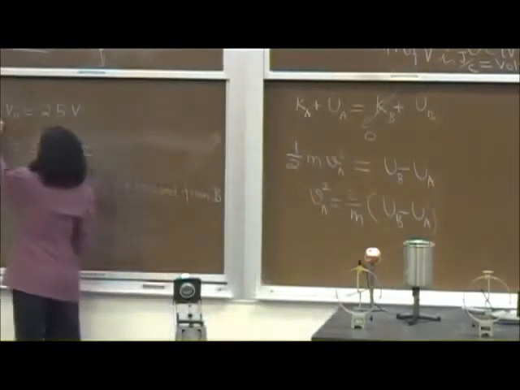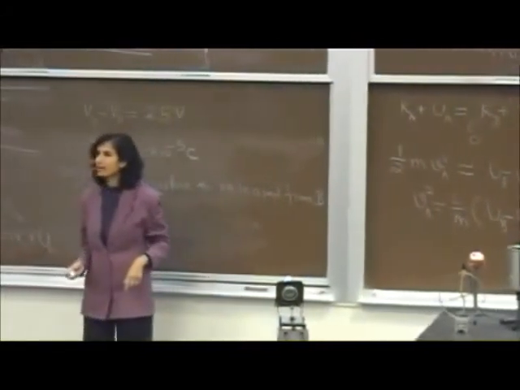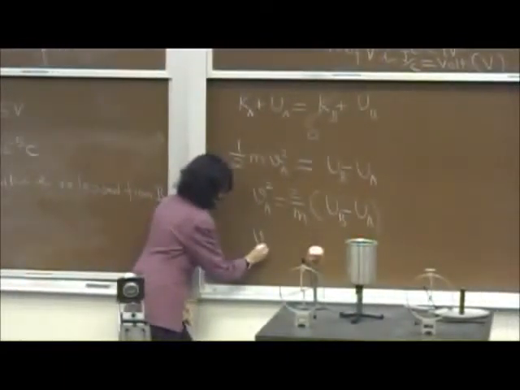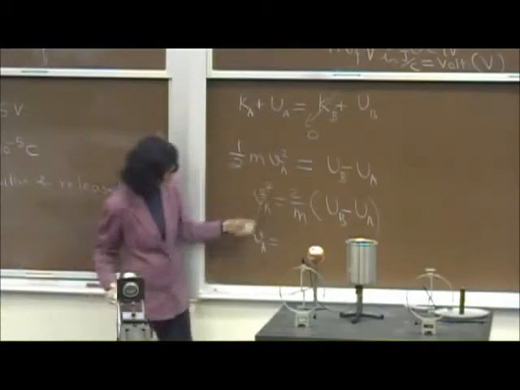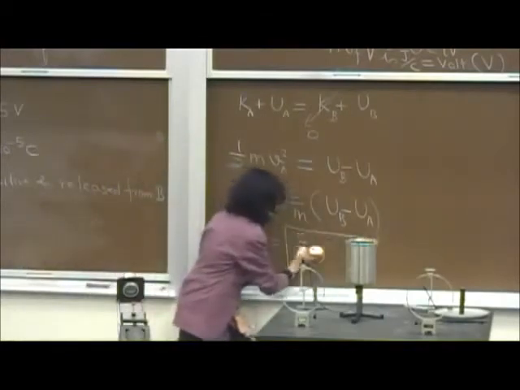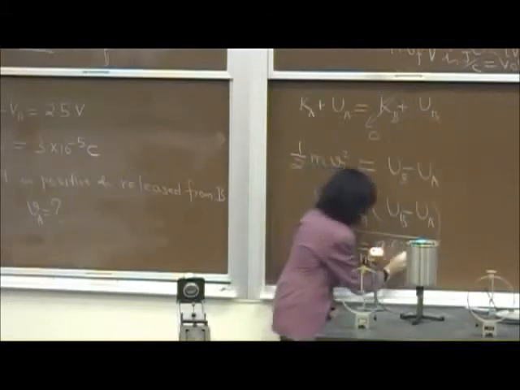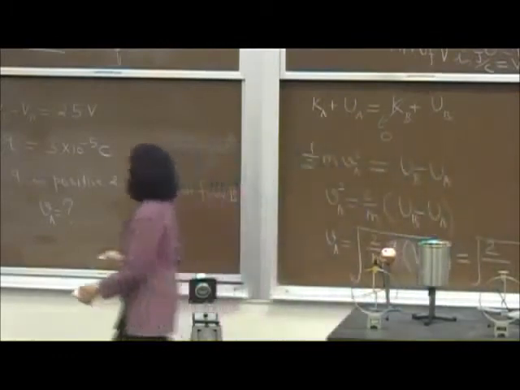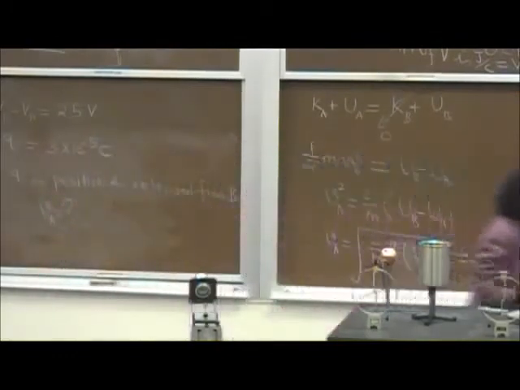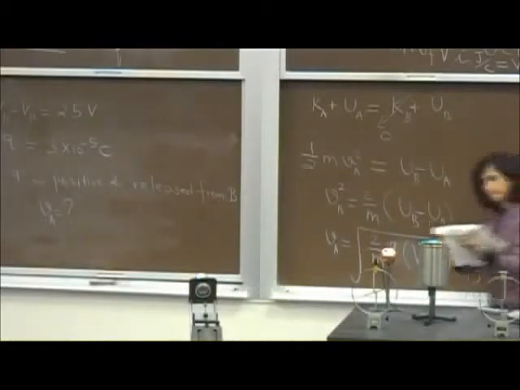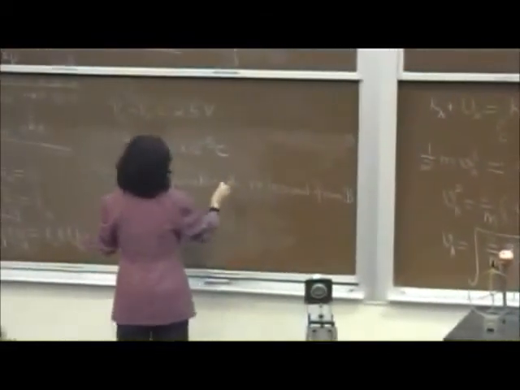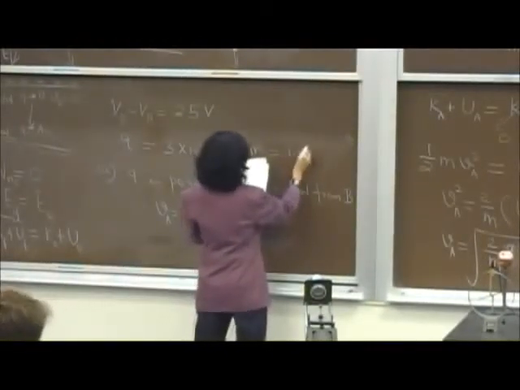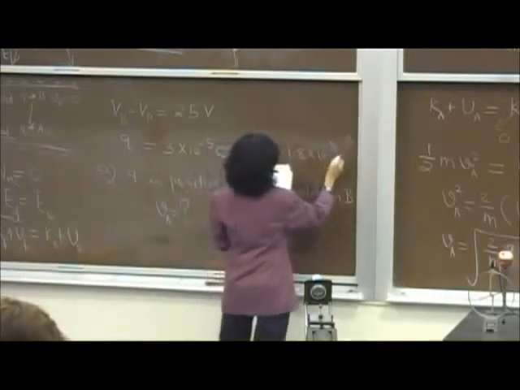But Ub minus Ua, can I write it in terms of Vb and Va? I can, right? How can I? Tell me. Yeah, first of all, I can find Va by taking square root of this. So that will be 2 over m, so this is Q times Vb minus Va. Okay, so what is the mass of the particle? Oh, we have also been told that the mass of this particle is 1.8 times 10 power minus 5 kg.